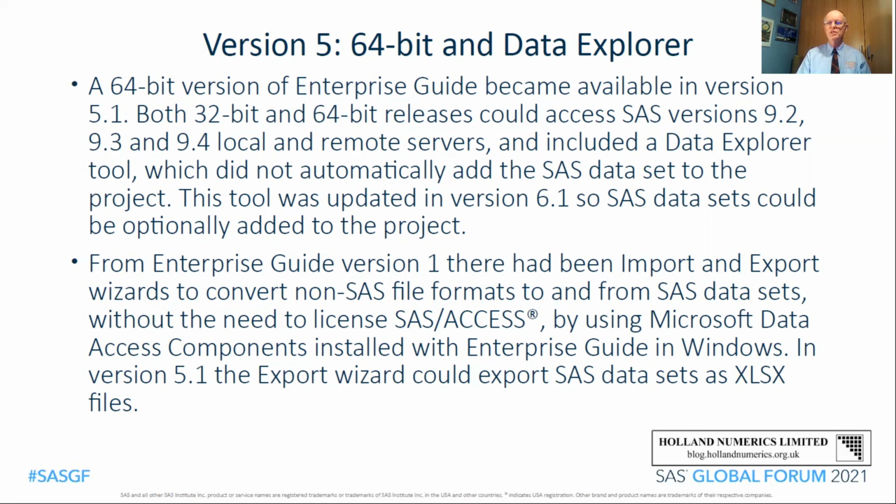But the new version, in version 5, allowed SAS to export to XLSX files, the new format, which proved to be useful. And it also meant that you didn't have to use SAS Access or even license SAS Access to be able to read external spreadsheet files into SAS, because it would process it using data components and then pass a converted SAS dataset into the server or local SAS installation.